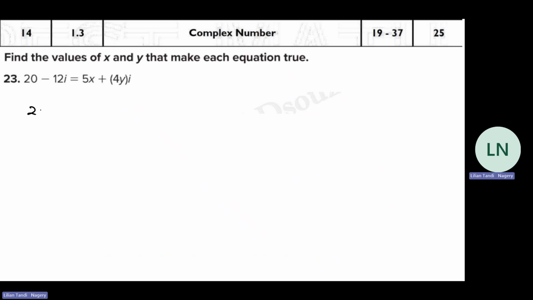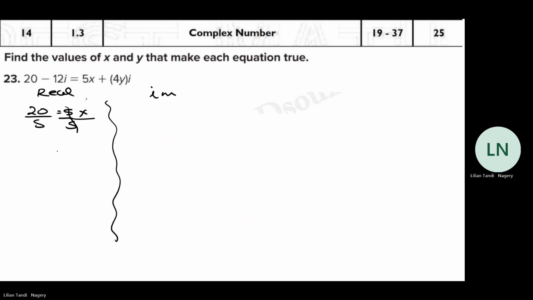20. This is real. This is imaginary. 20 equals 5x. Divide by 5, divide by 5. x is 4.